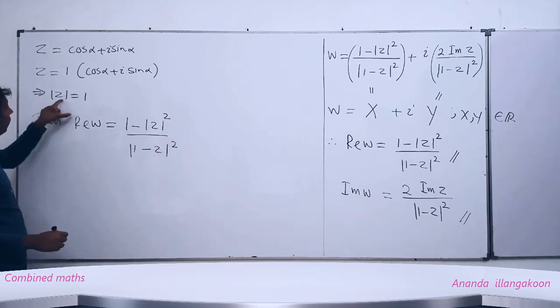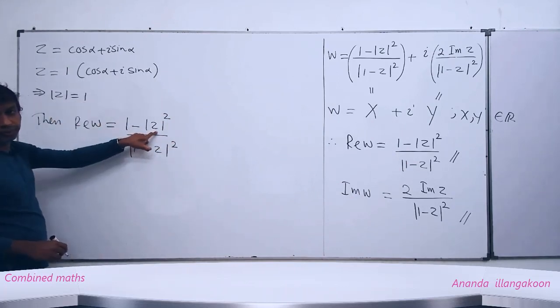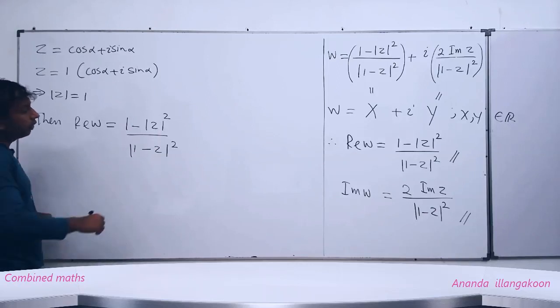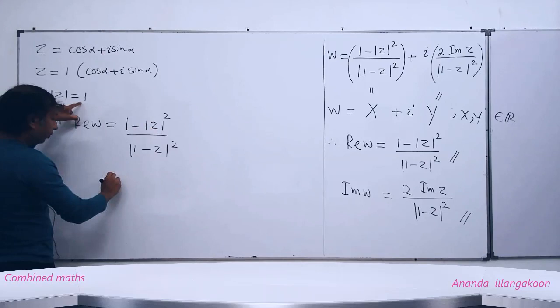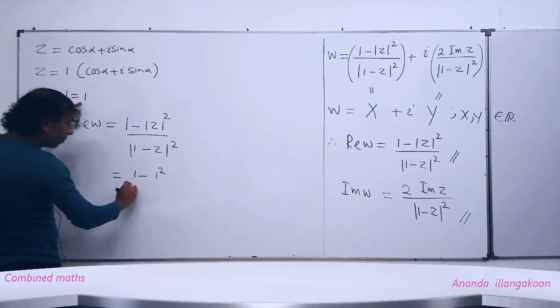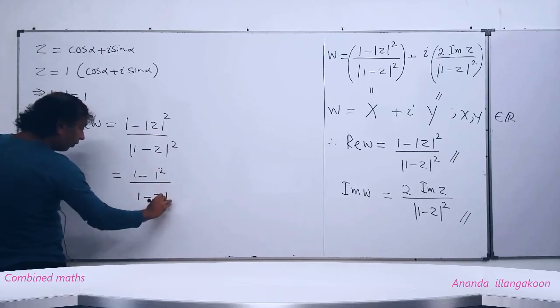People, this mod Z is only 1. So therefore, if you substitute mod Z as 1 here, 1 minus 1 squared divided by 1 minus z.